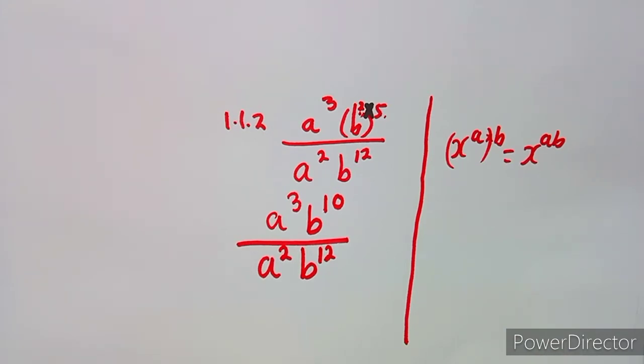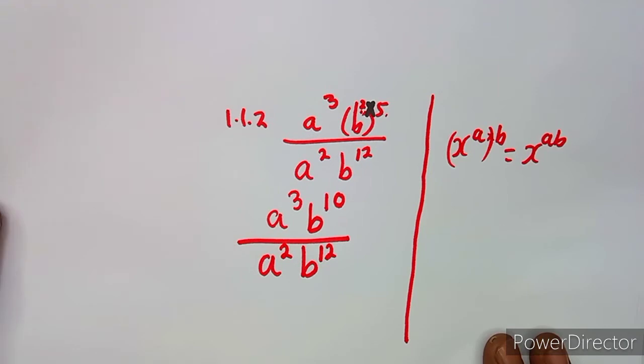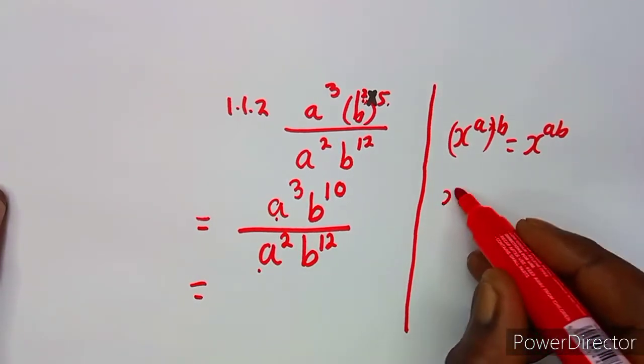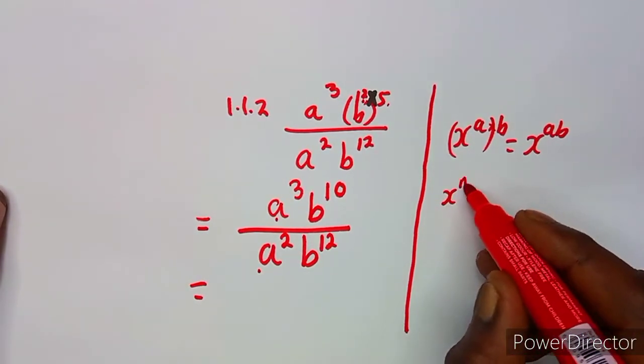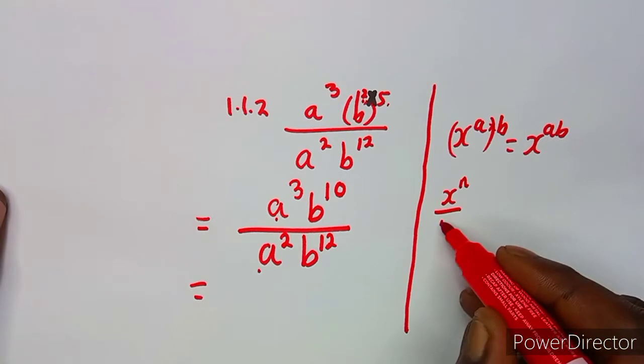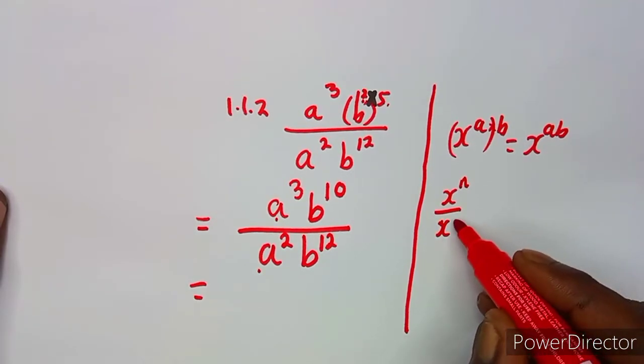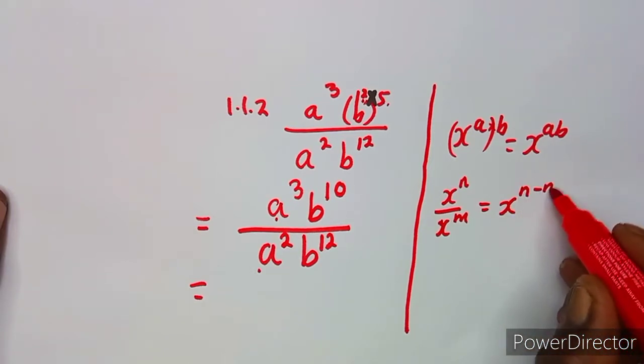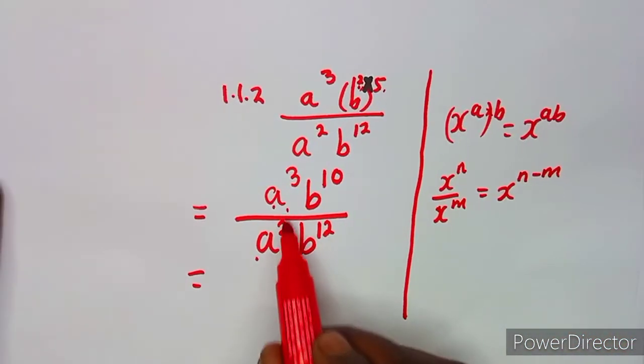So what can we do? How can we apply our laws of exponents? Remember, from our laws of exponents, if you are dividing the bases which are the same, like this, x to the exponent of m, you're going to subtract the exponents. So that is what you're going to do in this case.